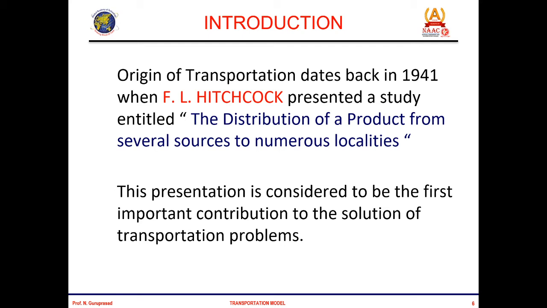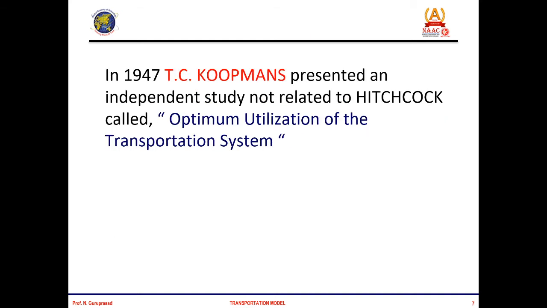The origin of transportation problems dates back to 1941 when Hitchcock presented a study entitled The Distribution of Product from Several Sources to Numerous Localities. Now, this particular presentation of Hitchcock is considered to be the first important contribution to the solution of transportation problems.